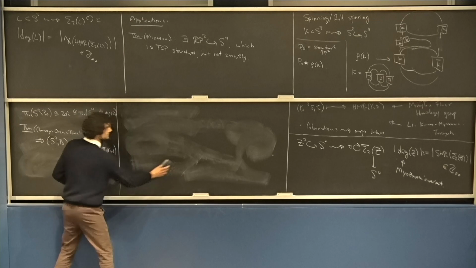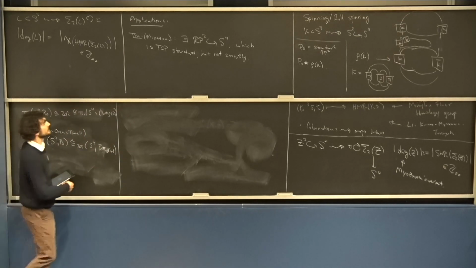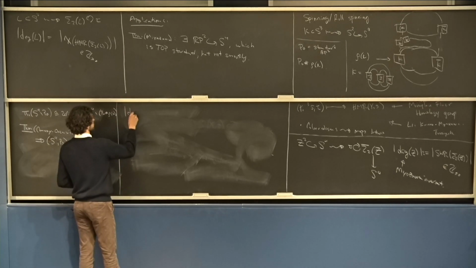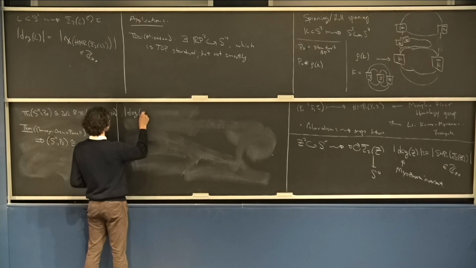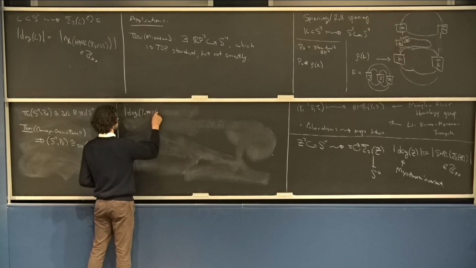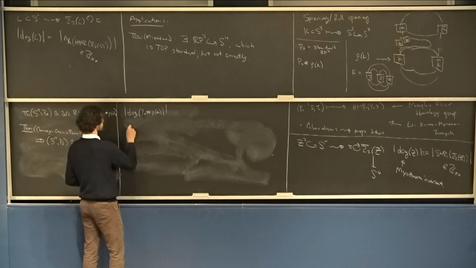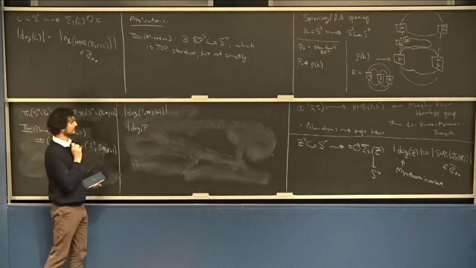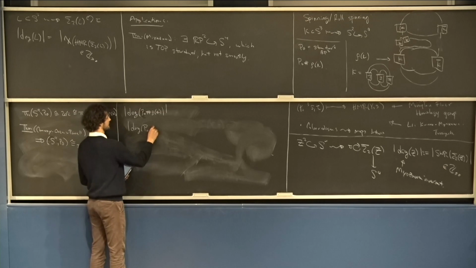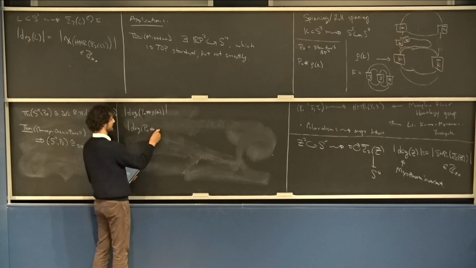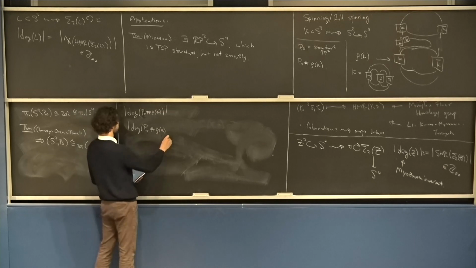So to make this really symmetric, let me say something like the following. So I'd like to compute this degree of the standard RP2 connect sum rho of k. And I'll compare this to the standard RP2, but I'll write this as standard RP2 connect sum the roll spun of the unknot, which is just the standard S2.